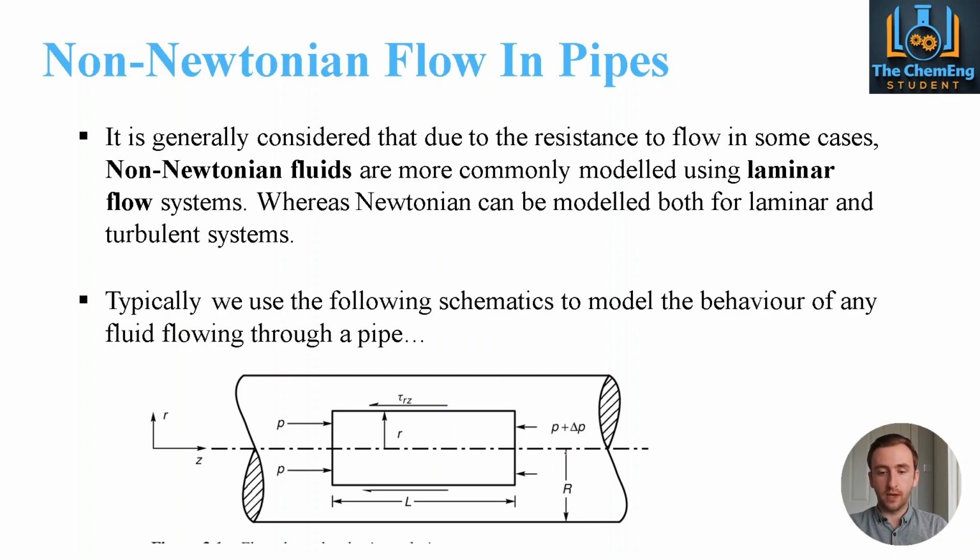So for example here we have capital R as the radius of the pipe, small case r is the radius of our fluid differential that we're going to look at, and we have our pressures coming in, we have our length, and whichever way the fluid flows, i.e. in this direction, the shear stress operates in the opposite direction, because remember, it is a resistance to flow, so it's always in the opposite direction. And you can always tell as well based on the subscript nomenclature, r and z this time rather than x and y.